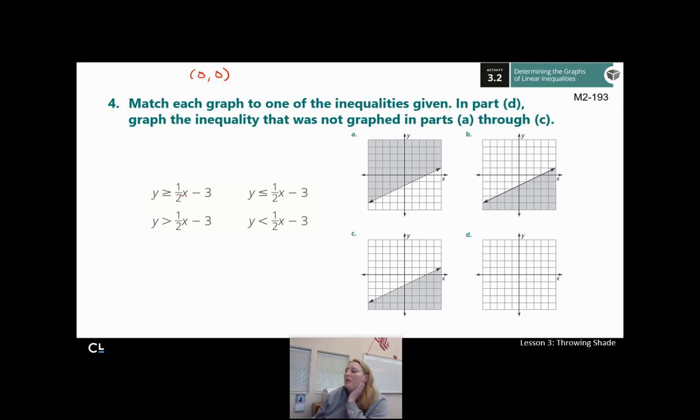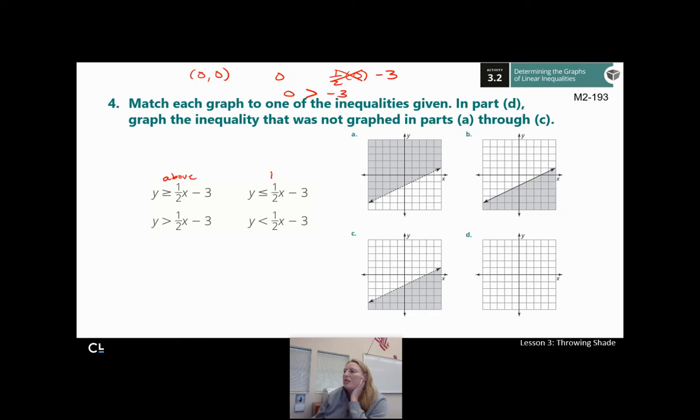These all have y and 1/2 x minus 3. So let's see, I've got 0. I've got 1/2 times 0 and minus 3. Of course, 0 is 0. That's not gonna change. Half of 0 is still 0, and 0 minus 3 is negative 3. 0 is greater than negative 3. So here's what this means. This means this should be shaded above.